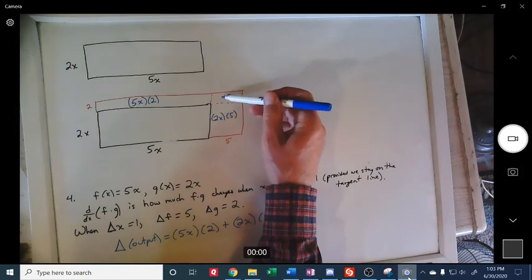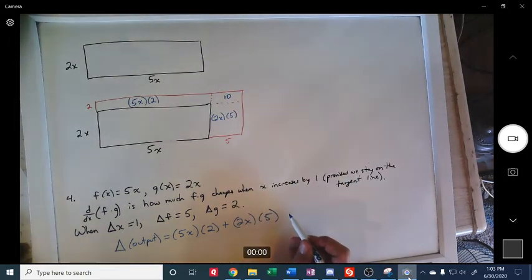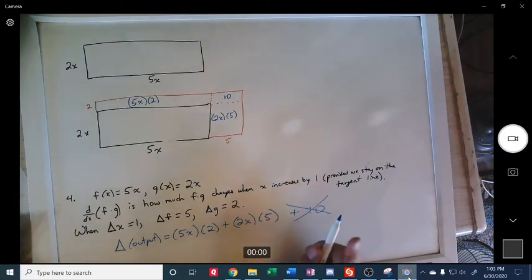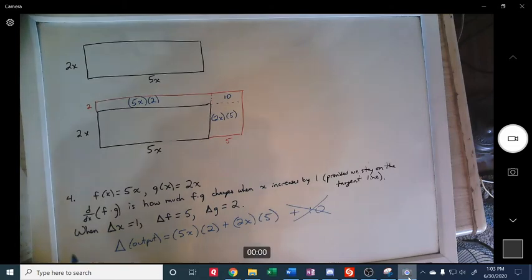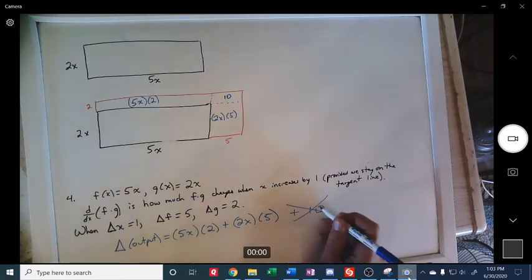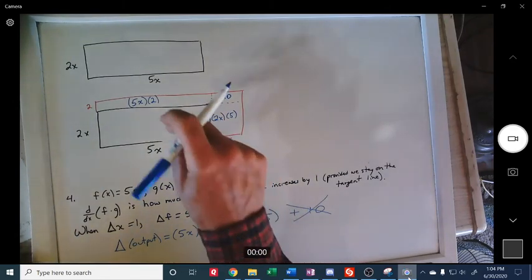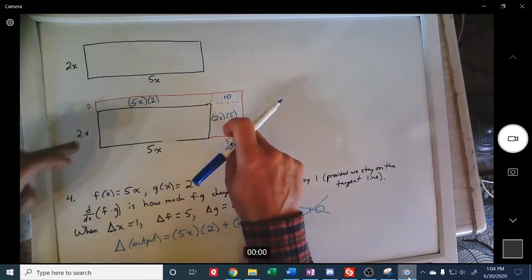The 10, we're going to wind up leaving out. And why we're going to wind up leaving it out is beyond the scope of this course. It's kind of beyond my understanding as well. The more I've kind of looked into that, the more I get confused. But this is the vast majority of the change.